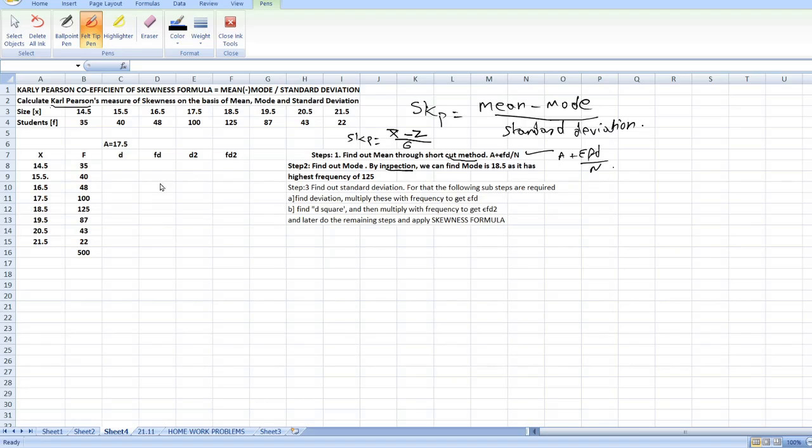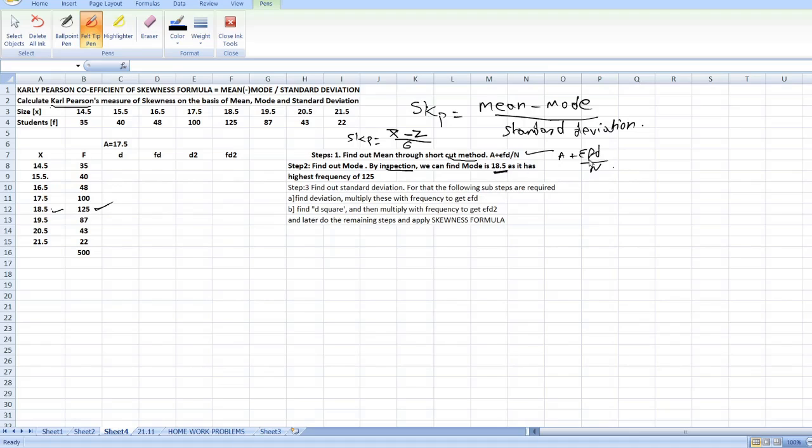When you observe all the frequencies under each variable, 125 is the highest frequency, that is, the 18.5 variable has the highest frequency. So by inspection we can find that mode is equal to 18.5.